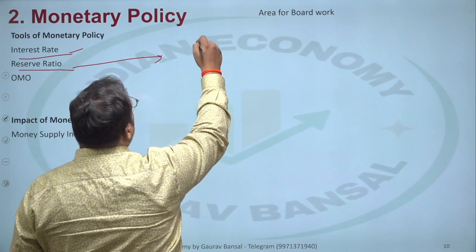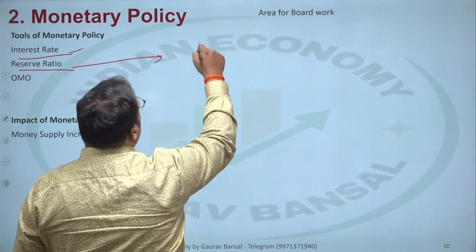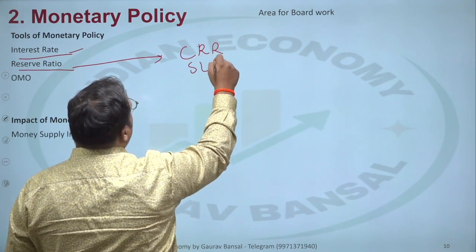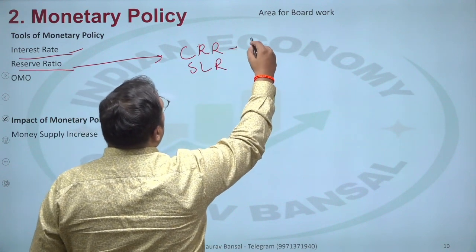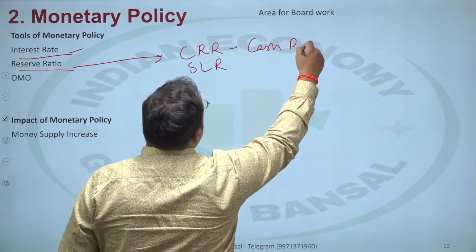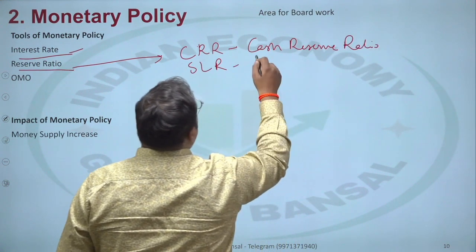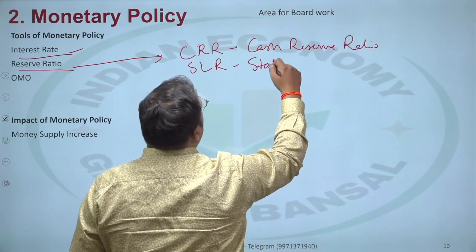Reserve ratios are basically the CRR and SLR. The cash reserve ratio and the statutory liquidity ratio. Statutory means necessary, compulsory.